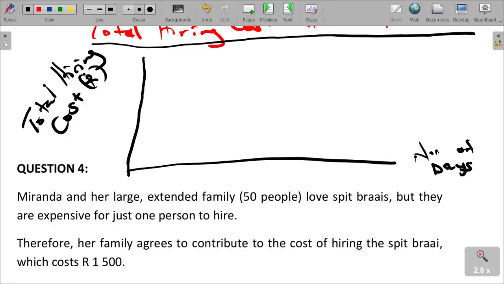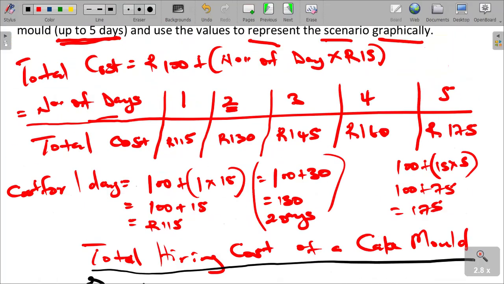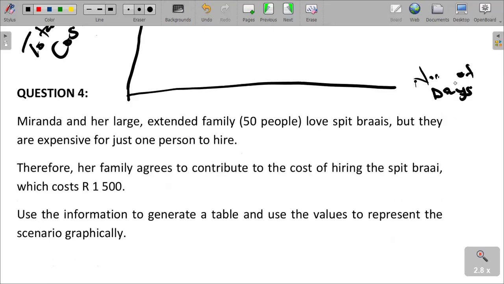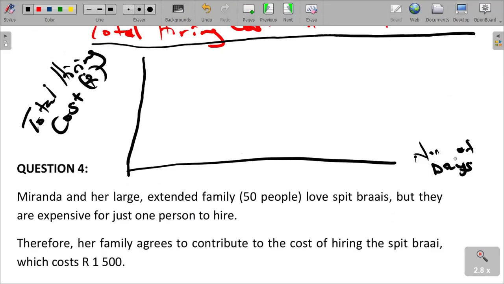How many days do we have? We said it is for 5 days. The mold was hired for 5 days, so we have from day 1 to day 5.